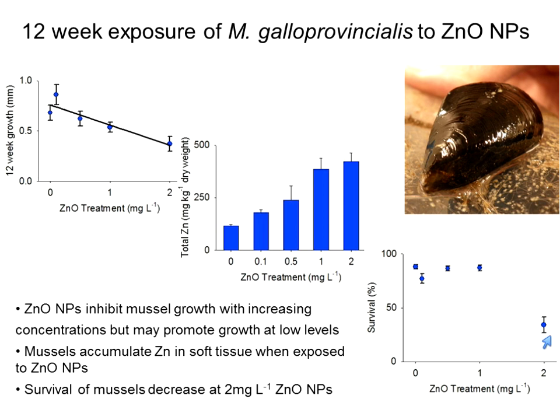And note that except at the very highest level, there was no impact on survival. Consequently, what you see is that sublethal effects, not surprisingly, kick in at much lower levels than mortality effects, again justifying the focus on these effects.